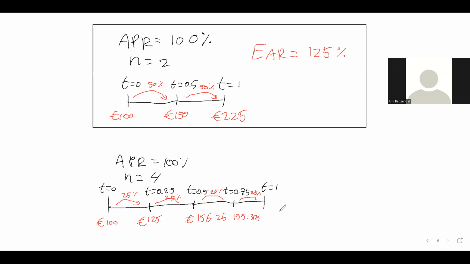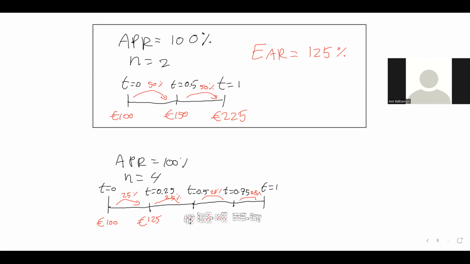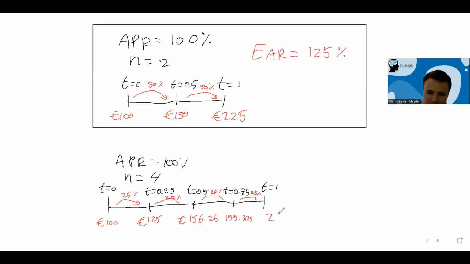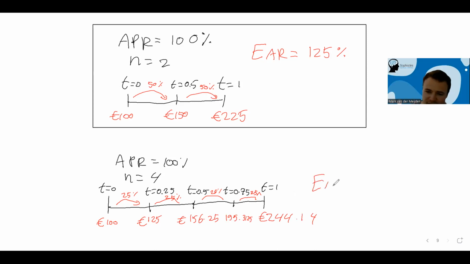And then at the end of the period, how much do I end up with? 244.14. 244.14, you say? Yes. What is the effective annual rate here?